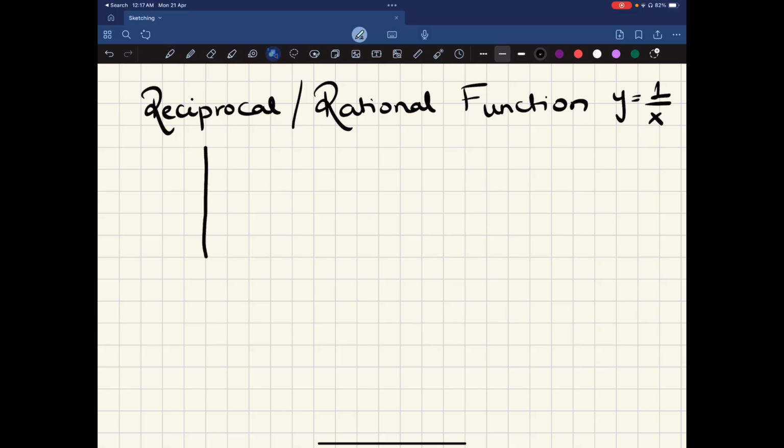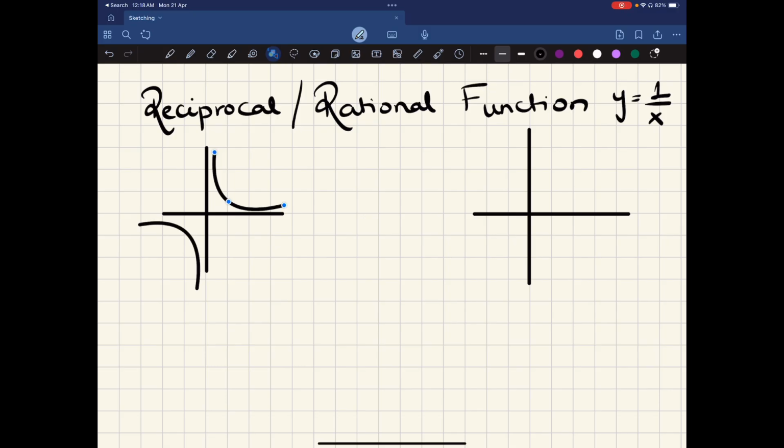Okay, I will draw this myself. So this is for y is equal to 1 over x.